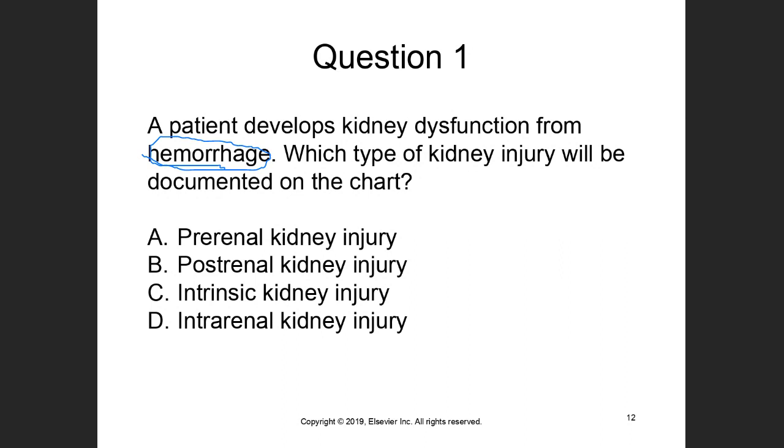If you are losing blood, you become hypovolemic. That means the volume in your body decreases, so the fluid reaching the kidney decreases. That means that you decrease perfusion to the kidney. Then that is pre-renal injury. That's the answer.